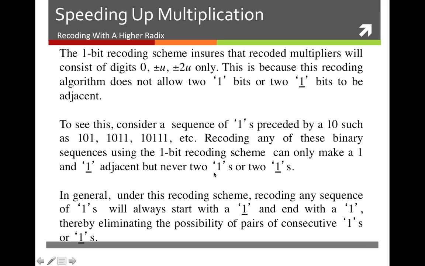And you will never get two plus ones or two negative ones. That is basically because you terminate with a 1 and you start out with a negative 1, and that is what keeps them separate. When you terminate with a 1, you start with a negative 1. And when you start with a negative 1, you never put a 1 after that. You have to have a 0 following that. That's how the algorithm works.